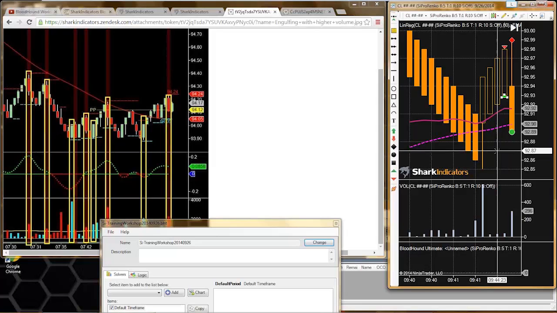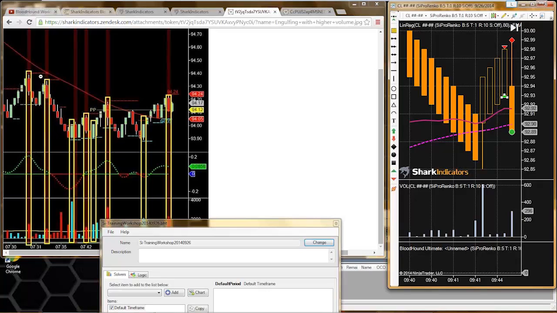So just to remind you guys, this may not make sense using the Pro Renko bars. It would be much easier just to use the inflection solver. However, the question was asked to look for engulfing bars. Remember these bars here act a little differently. Some of the bars going up actually have wicks.